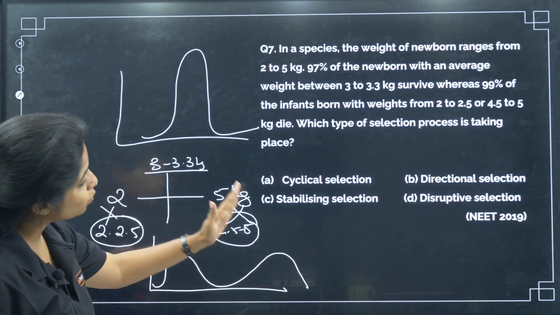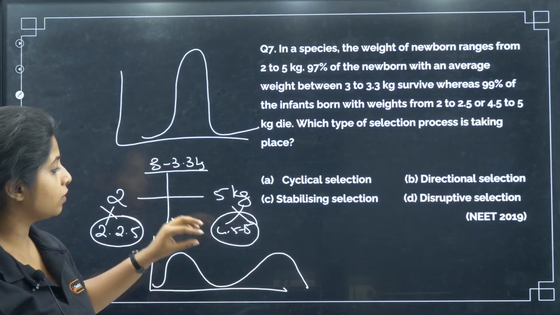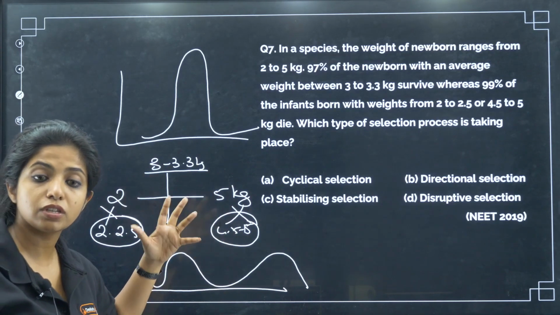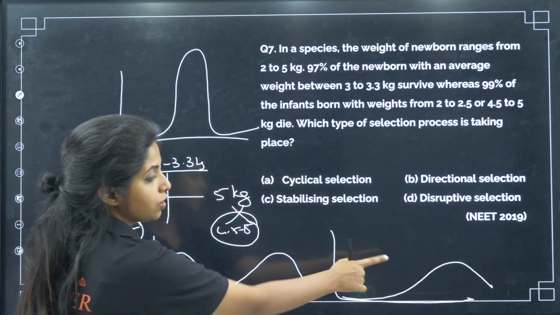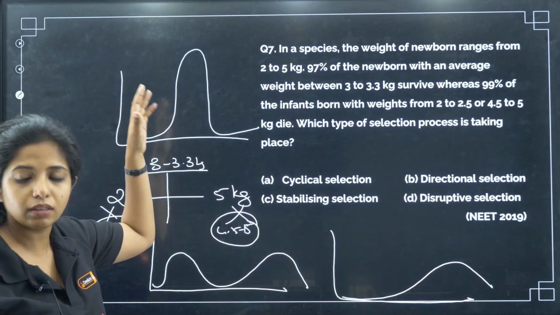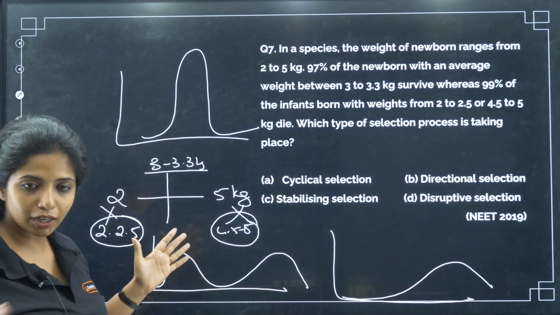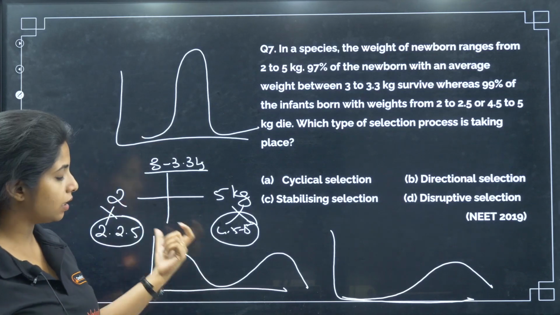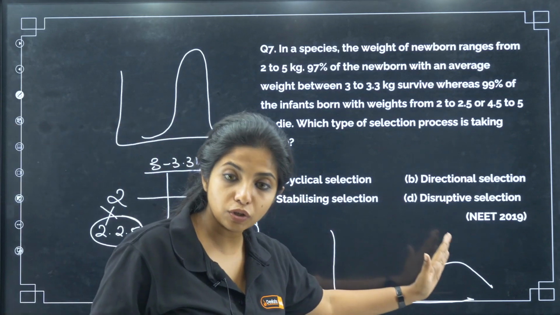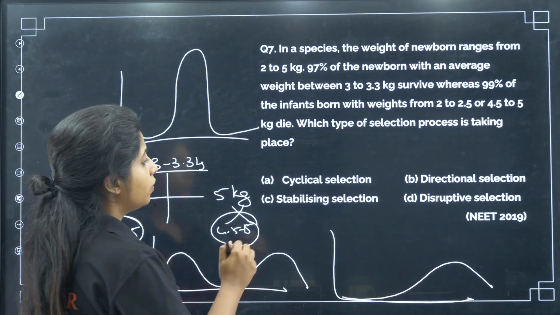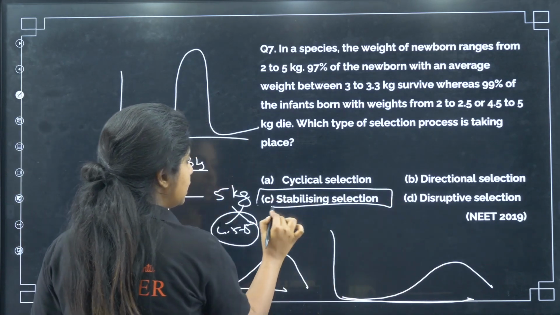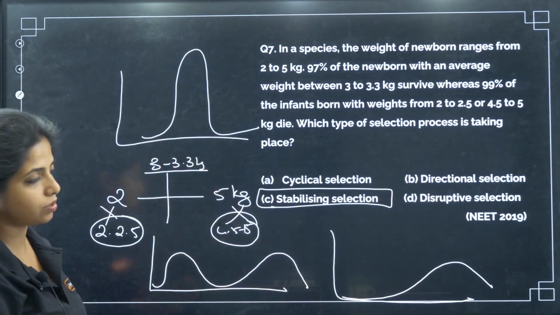Now if only one type of babies were there, that is 4.5 to 5 kg children were surviving, then one extreme will be chosen. That is known as directional. So if you have the in-between chosen, then it is stabilizing. If it is cut into two and two extremes are chosen, then it is disruptive. And if it is moving towards one side, only one extreme character is chosen, it is known as directional. So over here, it is stabilizing because the median range, the average one, is being chosen.